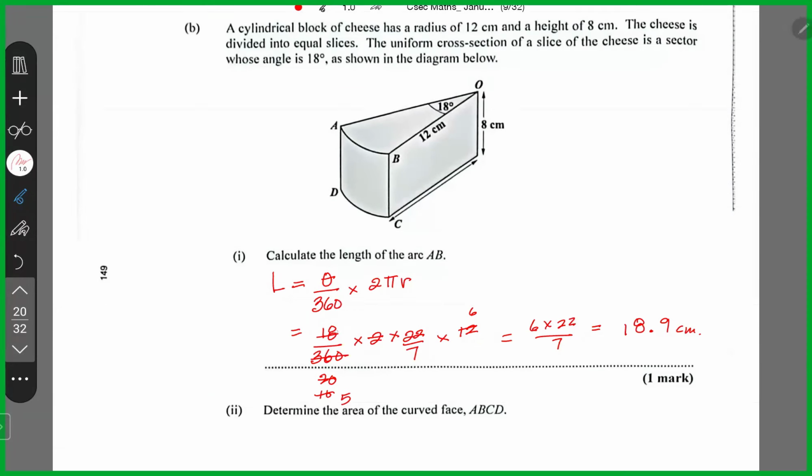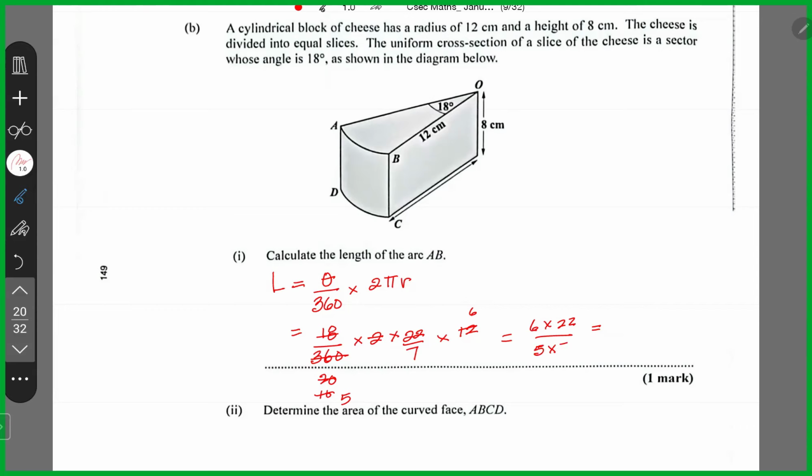18 goes into this 20 times. 2 into 20 is 10. 2 into 12 is 6. 2 pi r. And 2 into 10 is 5. Oh, there's a 5. Forgot the 5. So this is not correct. 5 times 7 is 35.